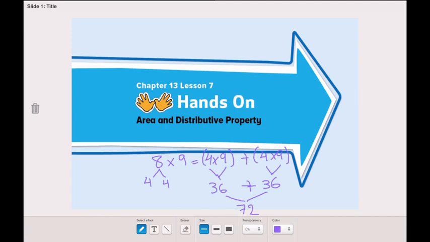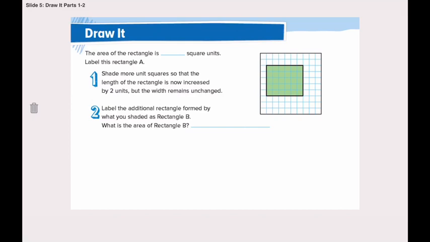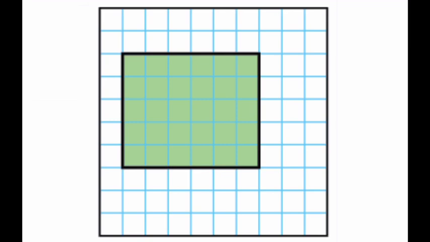Now let's see how we are going to use the distributive property with the area. Let's draw. Open page 791 and let's go through this example together. This grid shows a rectangle with a length of 6 units.